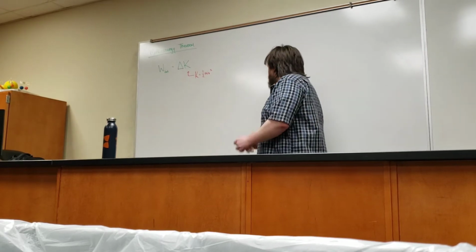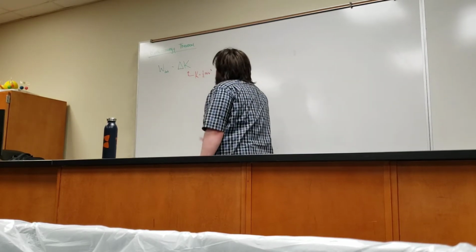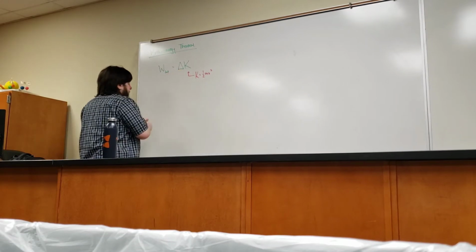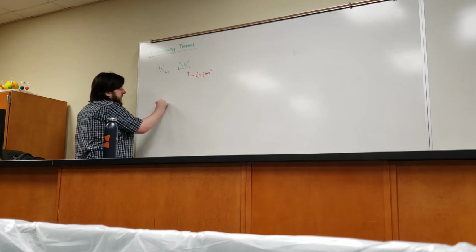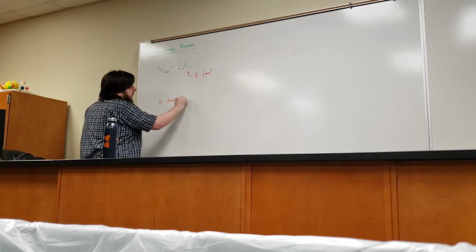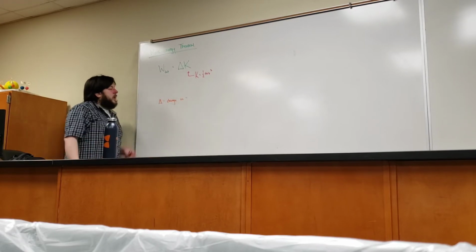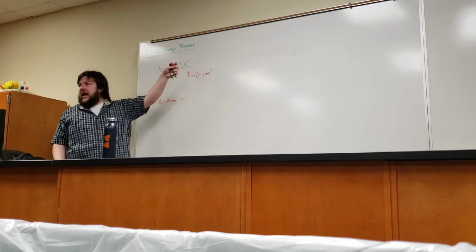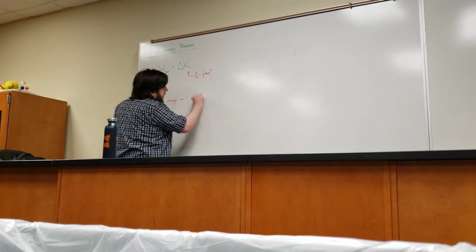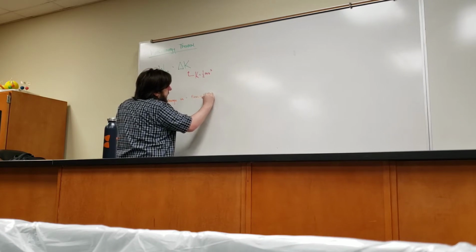Really quickly, you should just know this as a rule of thumb for deltas. First of all, delta is always the change in. So delta K is the change in K, and it's always final minus initial.